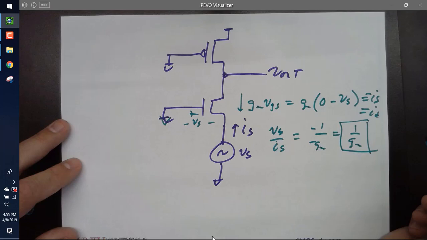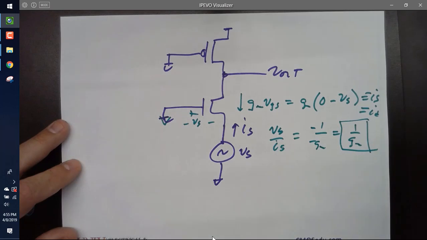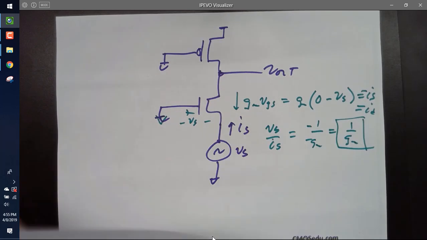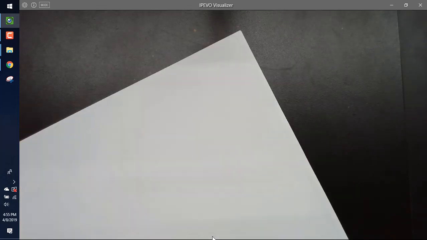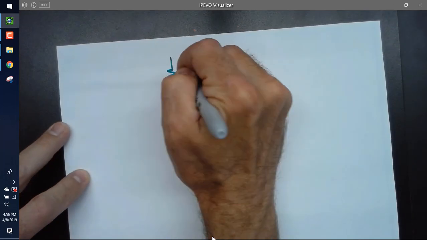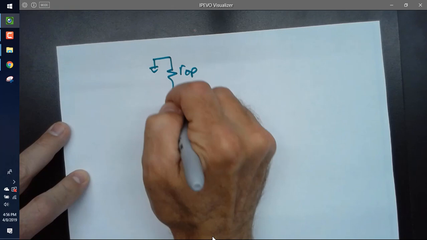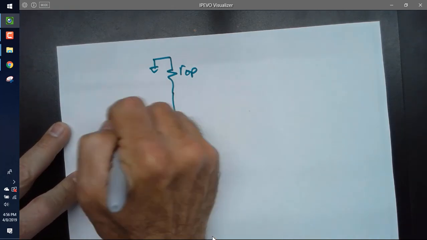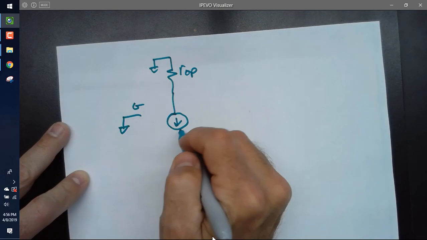Did anybody get that? All right, let's make it a little more complicated, and I'm going to include the output resistances in, and we'll do it that way. So would everybody be okay if I wrote this as R out P? Then here I wrote a current source. This is my gate, it's at AC ground.